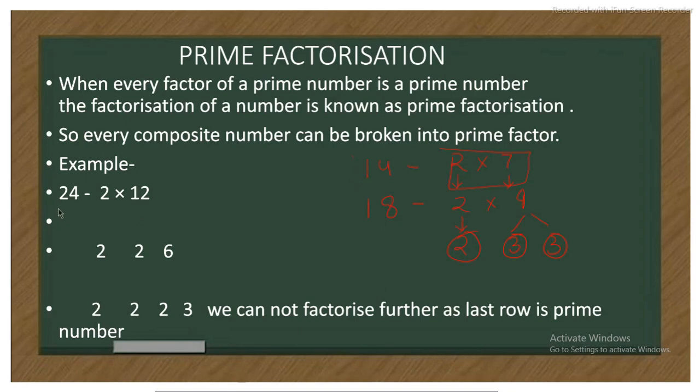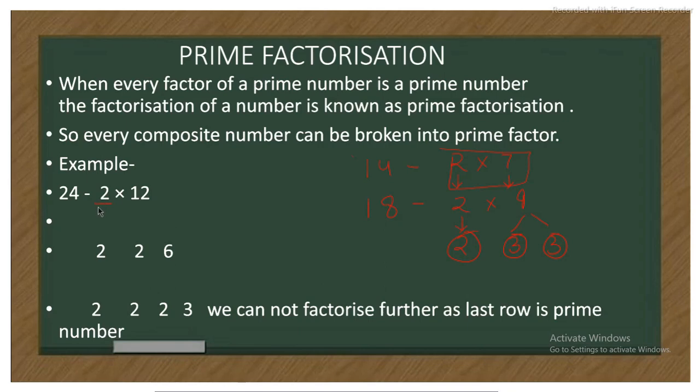So now take the example of 24. Here a few points we should notice: we should always start with the smallest possible prime factor, and 24 is an even number, so it can be divided by 2, and 2 is a prime number, so it can be started with 2.